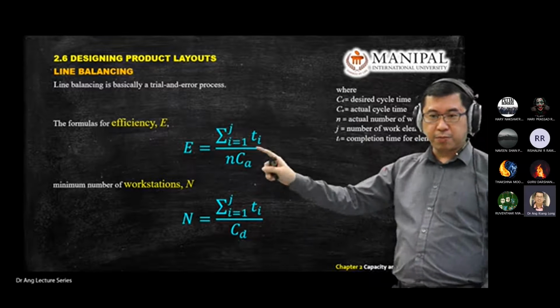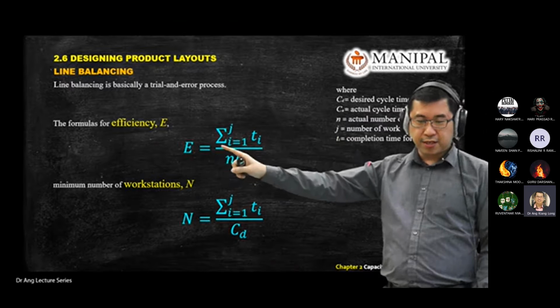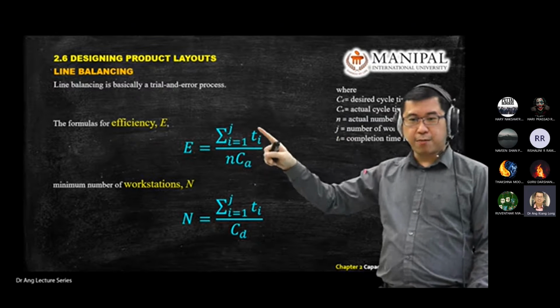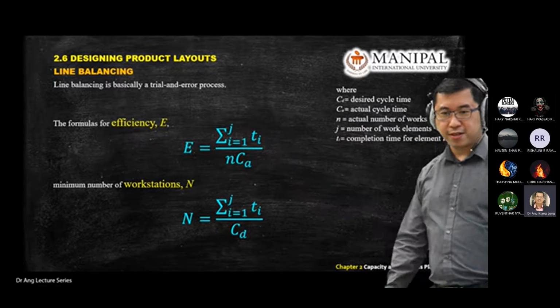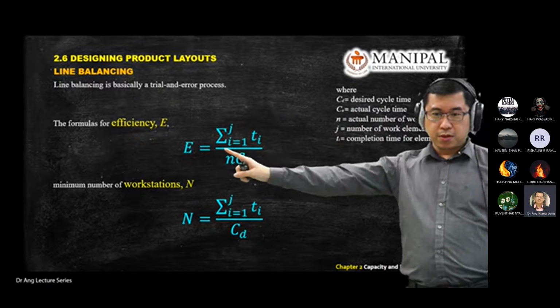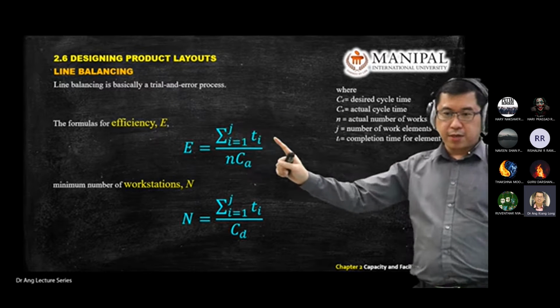Efficiency, the general understanding of efficiency is output divided by input. So what does this formula tell you?